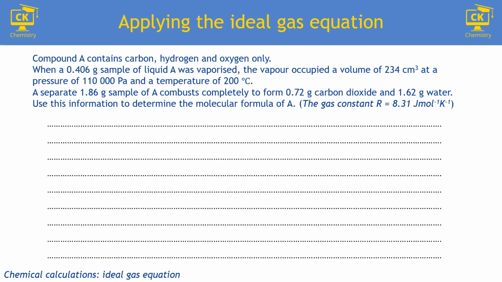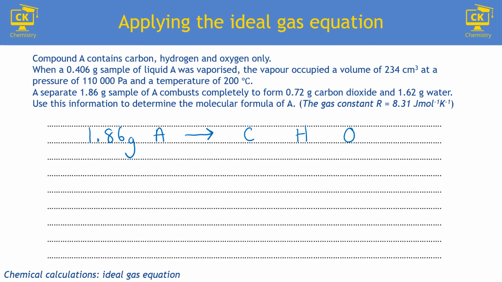Well, we need to work out the moles of oxygen. And again, I'm going to use a method that works when you don't know anything else about the compound. We have 1.86 grams of our sample A, and we know that this is made up of carbon, hydrogen, and oxygen.